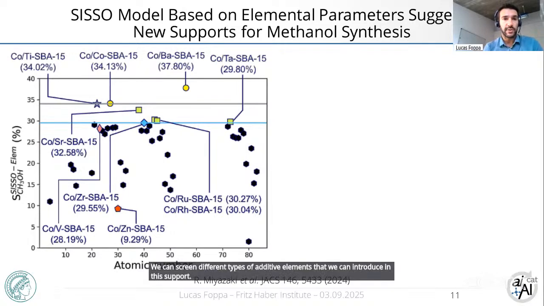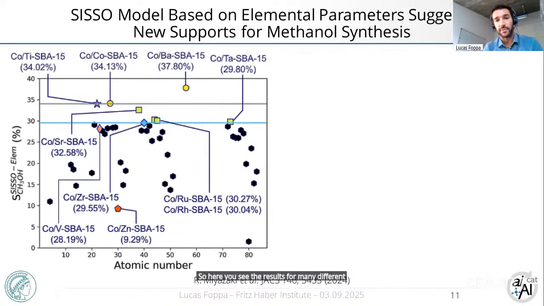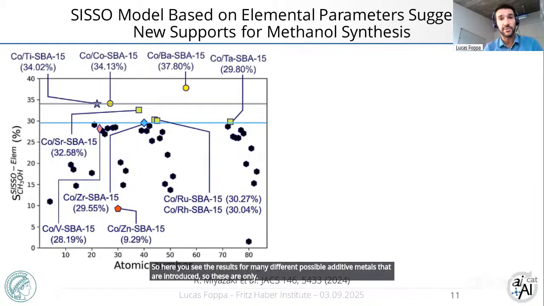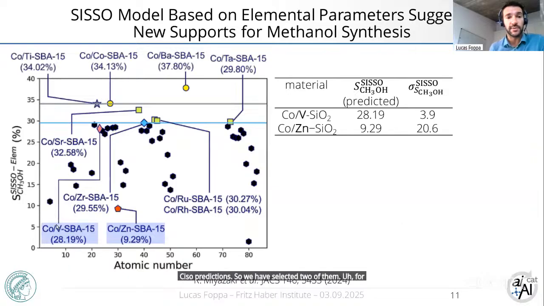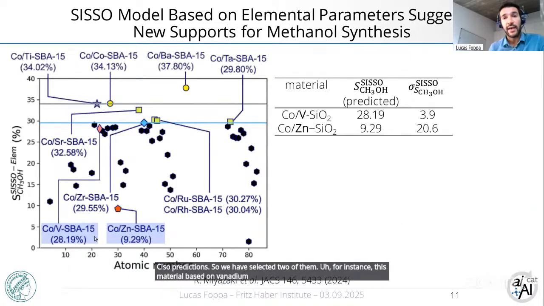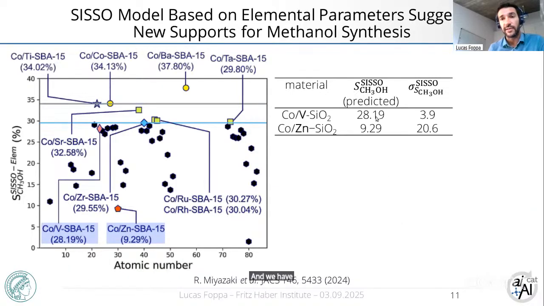Here you see the results for many different possible additive metals that are introduced. These are only SISSO predictions. We have selected 2 of them, for instance, this material based on vanadium and zinc. And we have looked here at the predicted values. This is the prediction of the SISSO model.